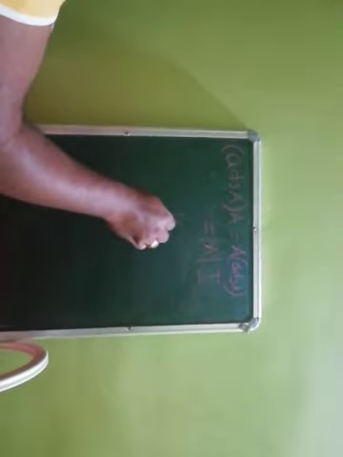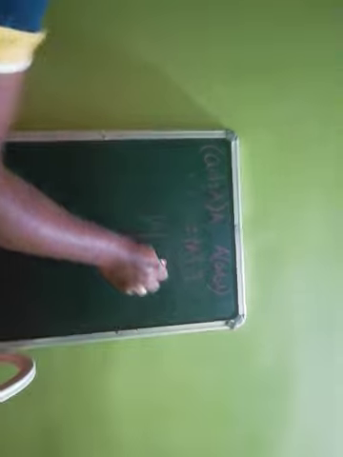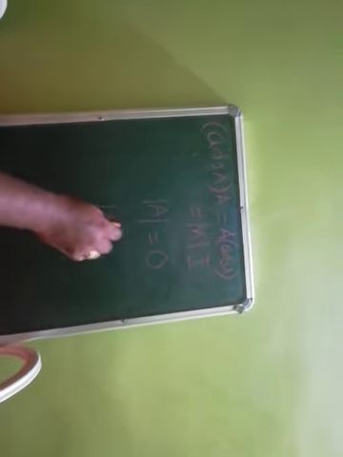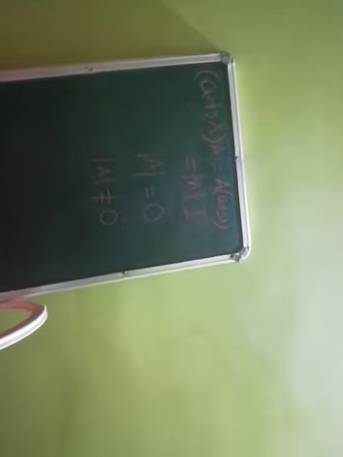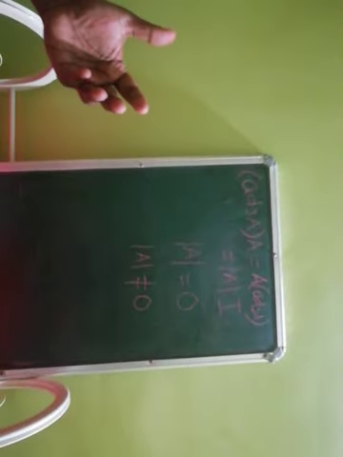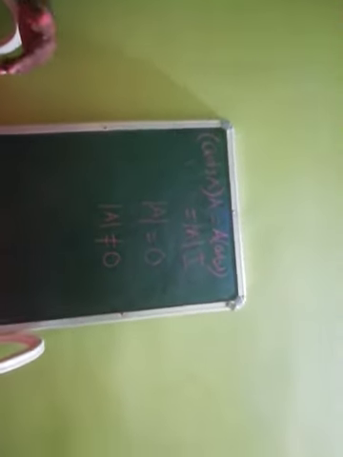Now next thing is, if we are finding the determinant of A, determinant of A can be either 0 or not 0. Determinant of a square matrix may be either 0 or non-zero.